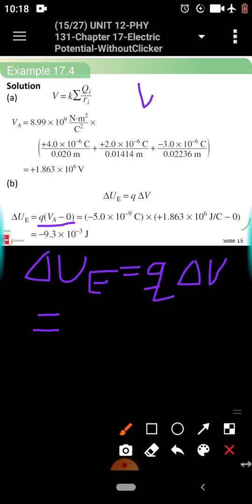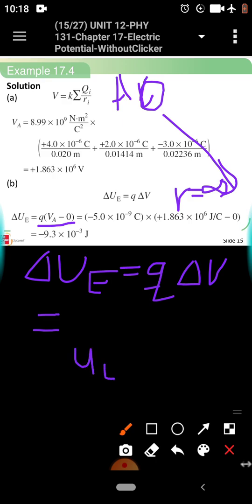Think of it like this: here is our point A, and we're referencing from R equals infinity. You remember that the potential energy is zero when R goes to infinity.